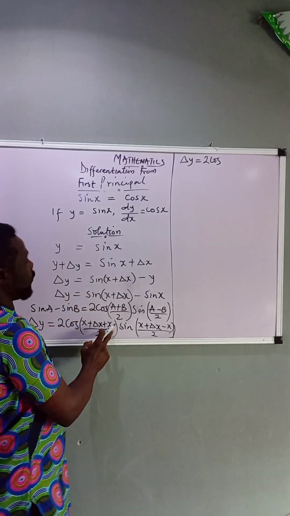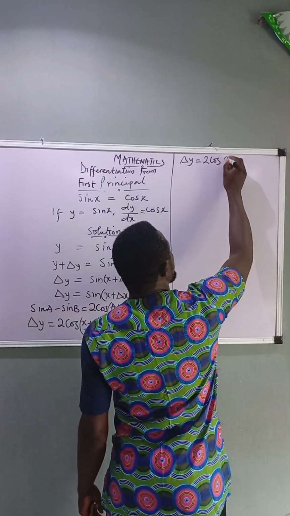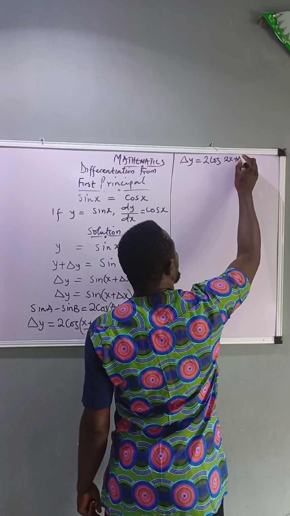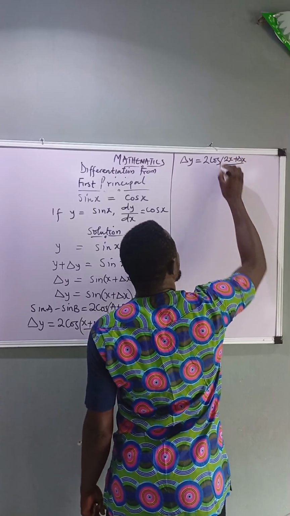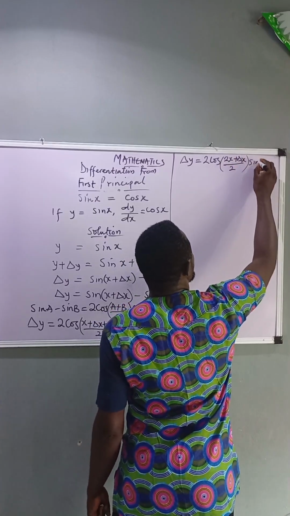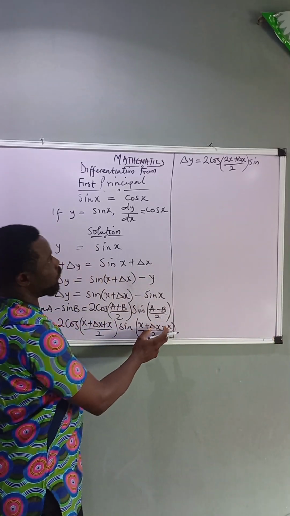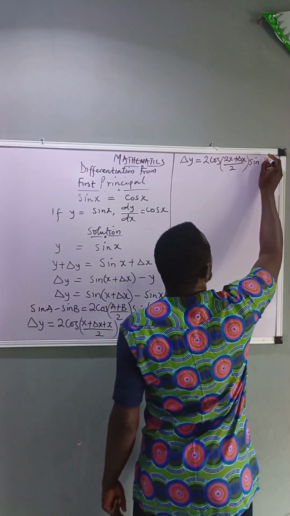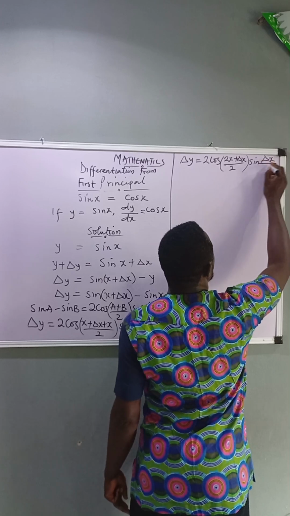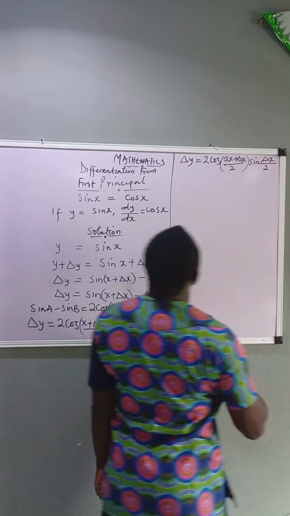Now this will be giving us delta y equal to 2 cos. X plus x will give us 2x, so we can say we're having 2x plus delta x over 2 sine. Now x minus x will give us 0, so we'll be left with delta x over 2.